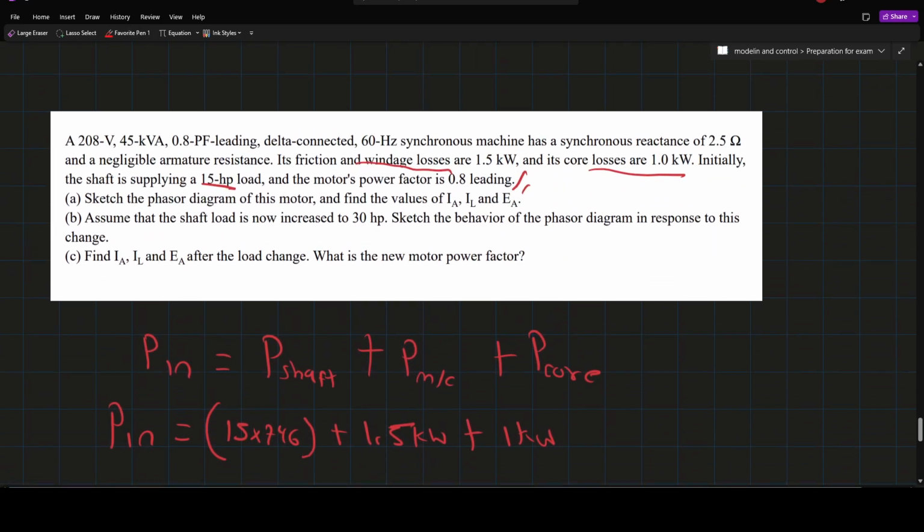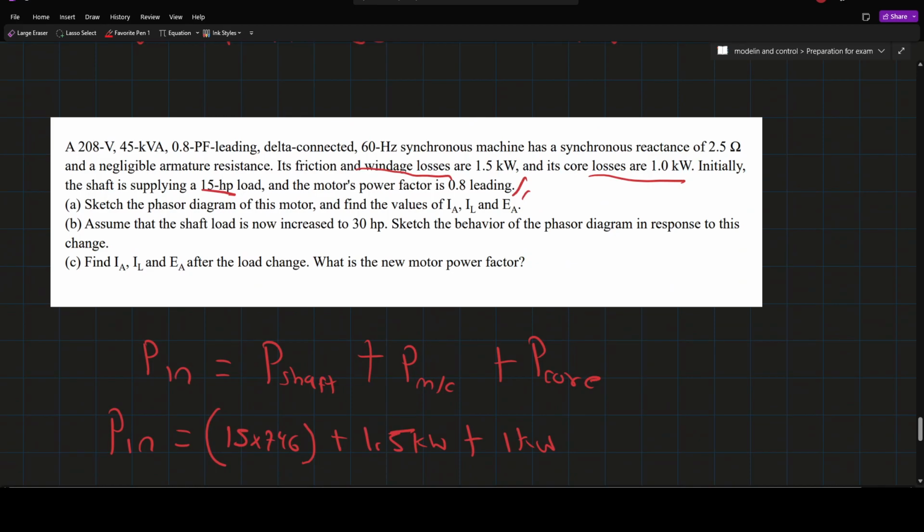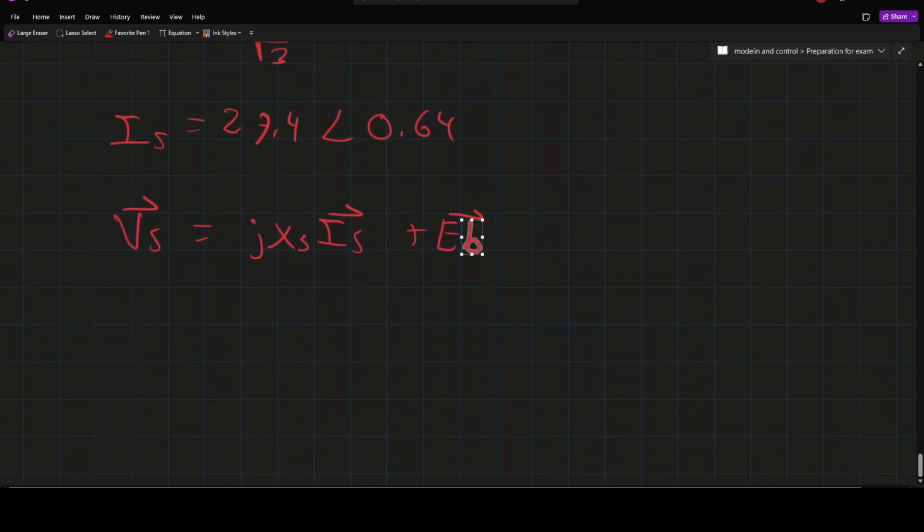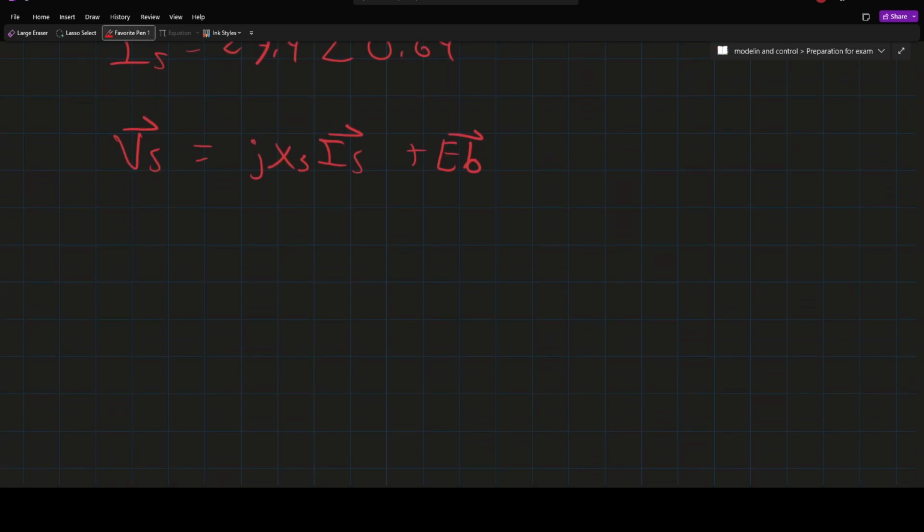So here they are asking us for, well, we found IA, and we found the current in the line, so we now need to find EA. That, well, I call EV, just for consistency. So we know that from this, our EV is going to be our VS minus jXS IS.